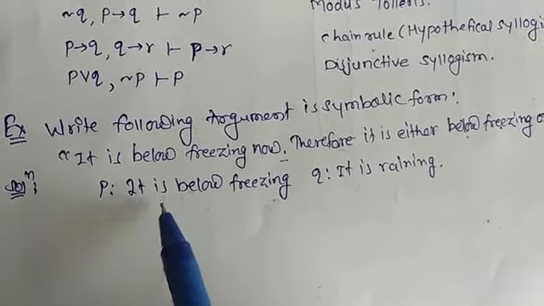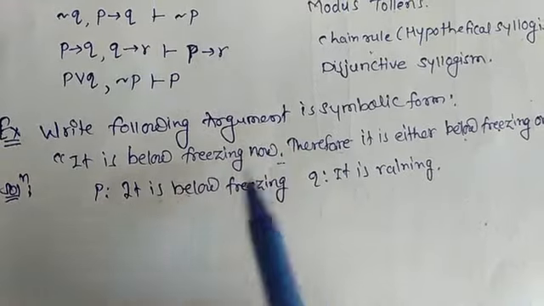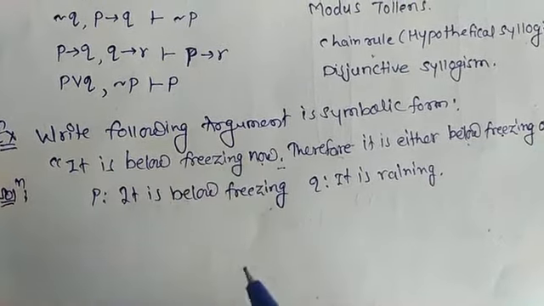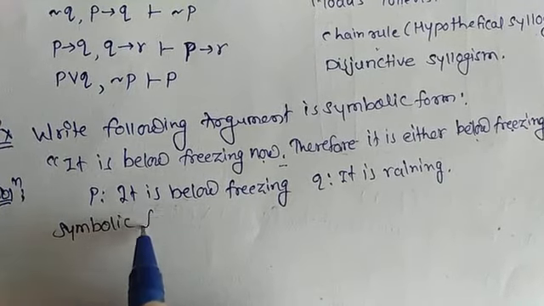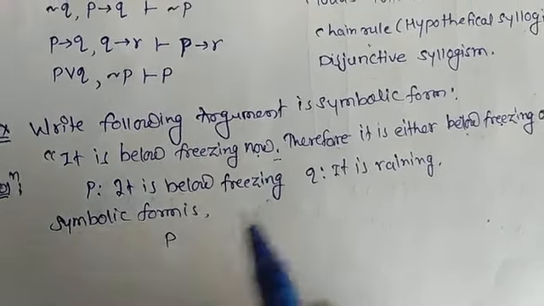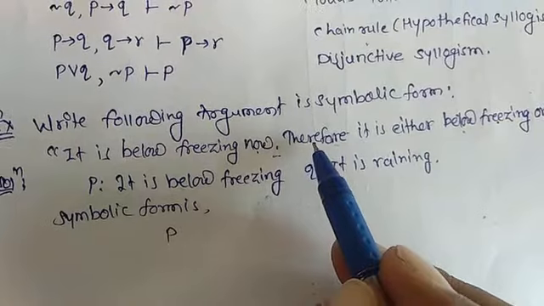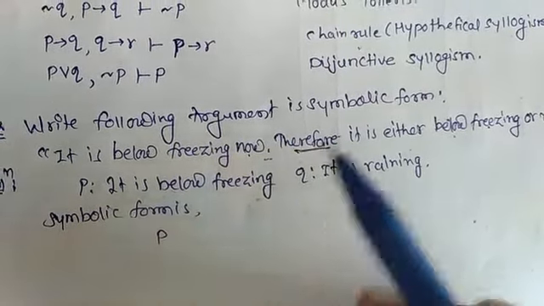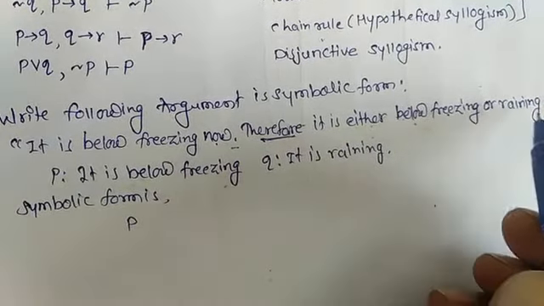The premises part is: it is below freezing. It is a premise, so in symbolic form the premise is P. Therefore, we have completed our premises part and are moving toward the conclusion. After therefore, we get the conclusion: it is either below freezing or raining.